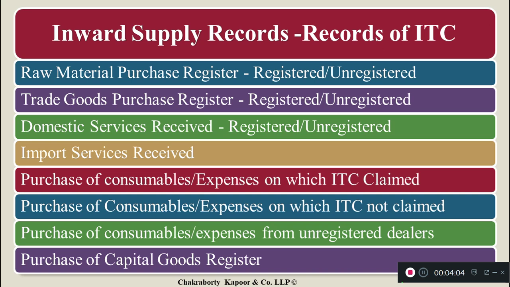And a register for purchase of consumables or expenses on which input tax credit is not to be claimed. Again, the register for purchase of consumables or any expenses should be separate for the purchase from unregistered dealers and for purchase from registered dealers. And the register for purchase of capital goods has also to be separate.